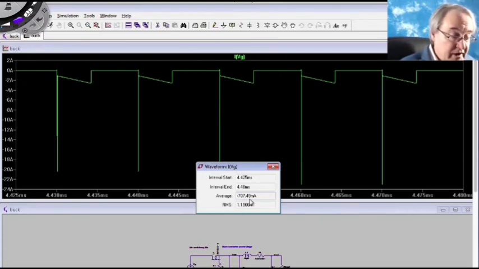This current includes the current spike during the switching times. We can use this function to measure input currents and output currents and voltages as well, and calculate average powers and efficiencies of the converter.